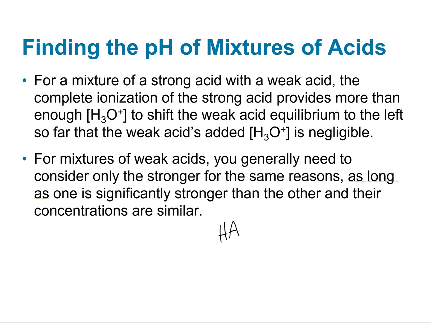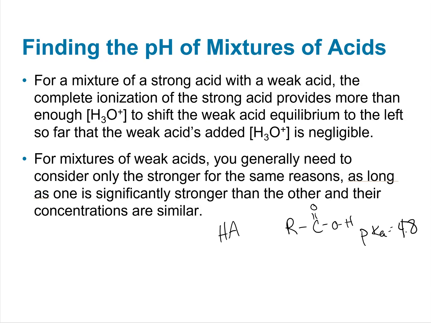And this weak acid is some kind of generic carboxylic acid, and its pKa is 4.8. Well, because it has a pKa of 4.8, it's acidic, because we know on the pH scale it's below 7, but it's not a really strong acid.